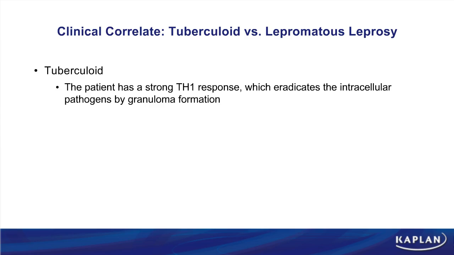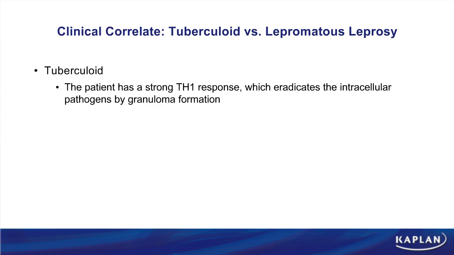And with a Th1 response, this is where you start immediately saying, okay, well, that's a cell-mediated immune response. I'm dealing with intracellular infections. Another thing you should recognize with a tuberculoid response, these individuals are going to form granulomas. They form these granulomas since it's more difficult to clear a mycobacterium infection.